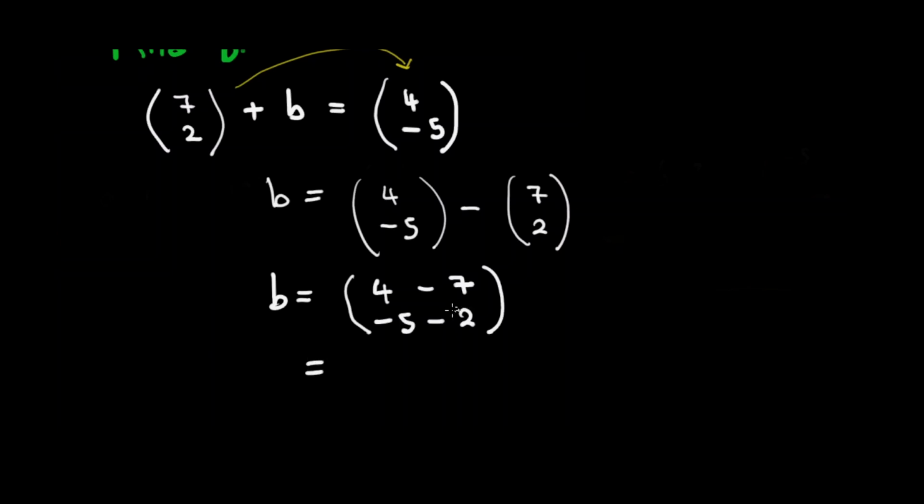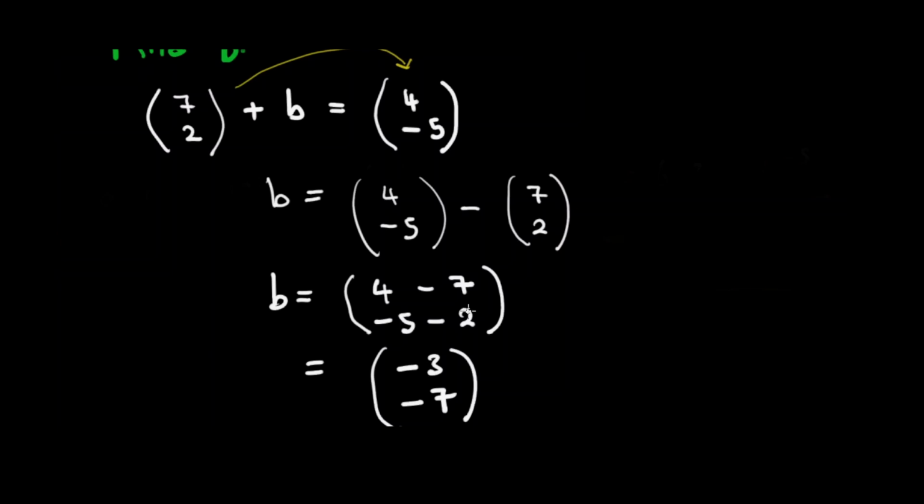So this is going to be equal to, what is 4 minus 7? 4 minus 7, it's minus 3. And what is minus 5 minus 2? Evidently, it's minus 7.